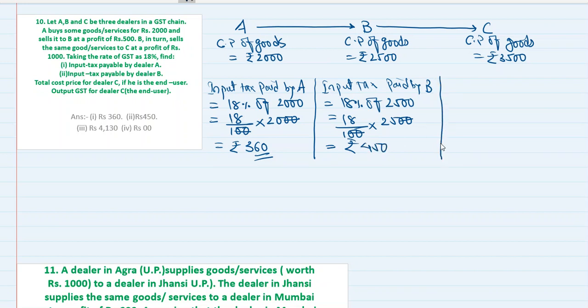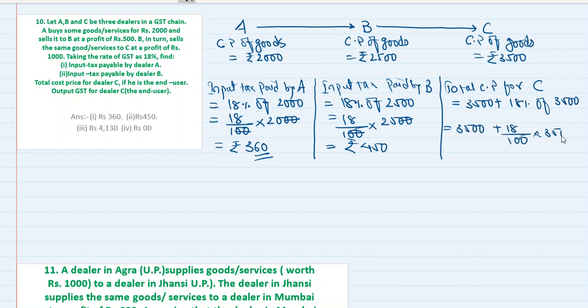The total cost price for dealer C. So total CP for C is equal to 3500 plus 18% of 3500. That is 3500 plus 18 upon 100 multiplied by 3500. So both the zeros will cut.